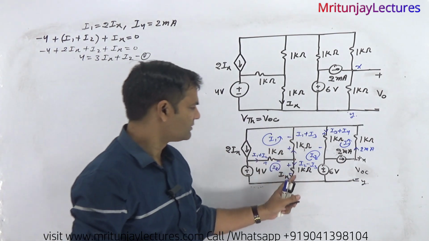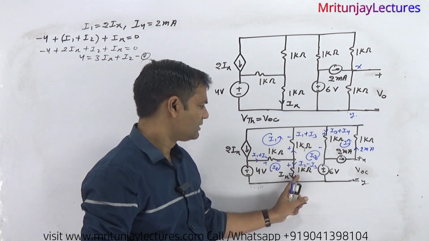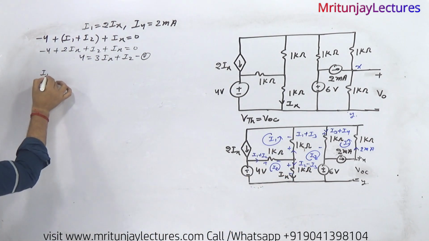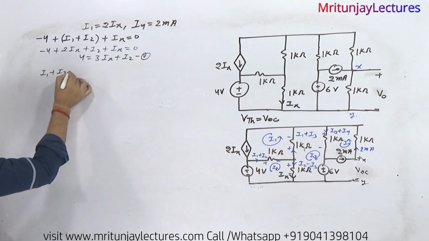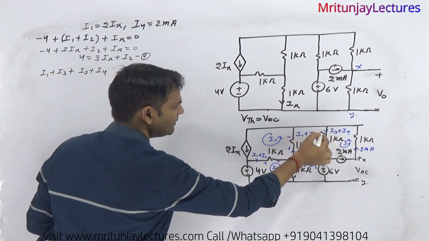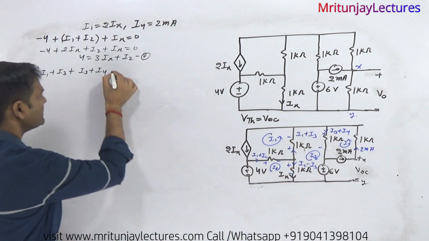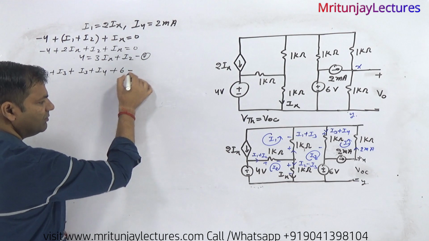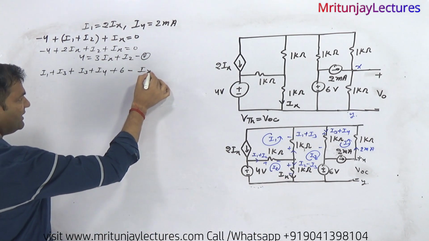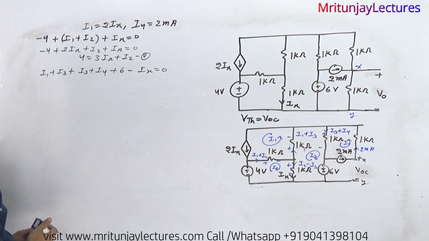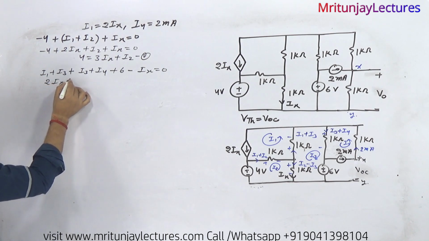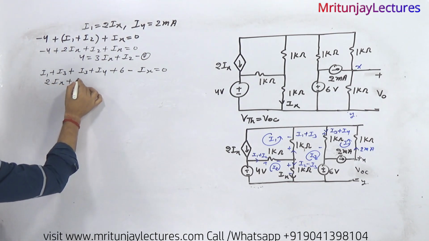Now apply KVL in this loop. Plus 2 minus I1 plus I3, plus I3 plus I4, plus 6 minus 2 plus Ix, this will be equal to 0. I1 is 2Ix. What about I3? I don't know.